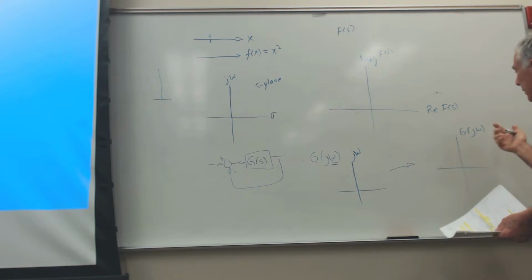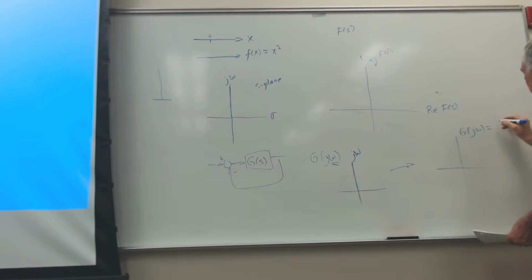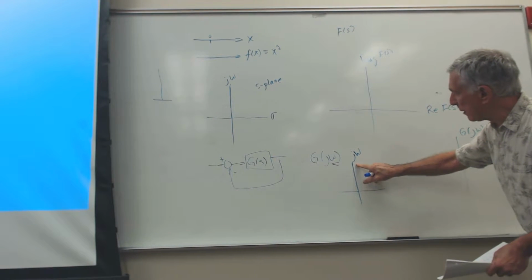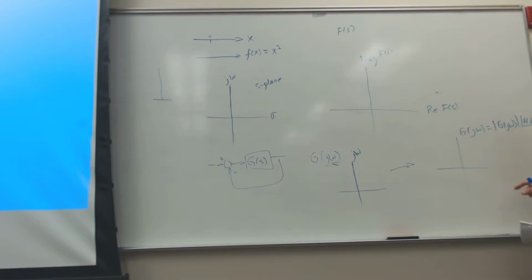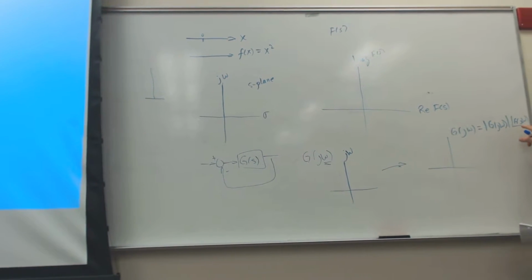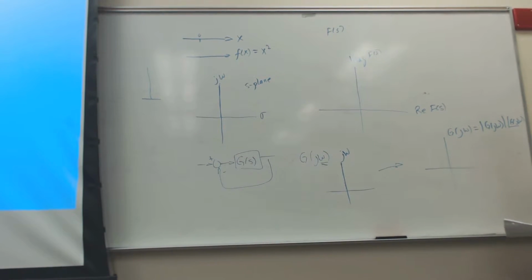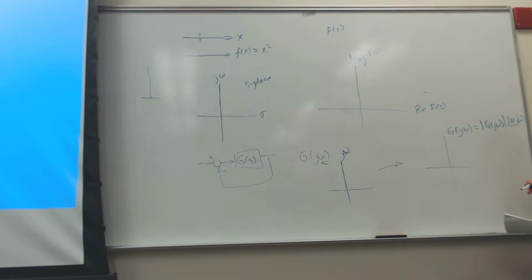It will be complex in general, and so it can be expressed in terms of the magnitude and the phase, G of j omega, okay? And so for any given value of omega, as we move up the imaginary axis here, we can determine the magnitude and phase of G of j omega, and we can then plot it, okay, in this complex G of S plane.